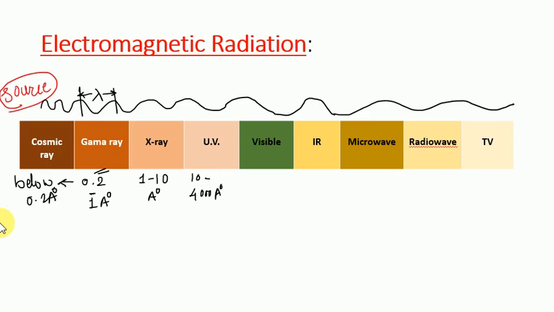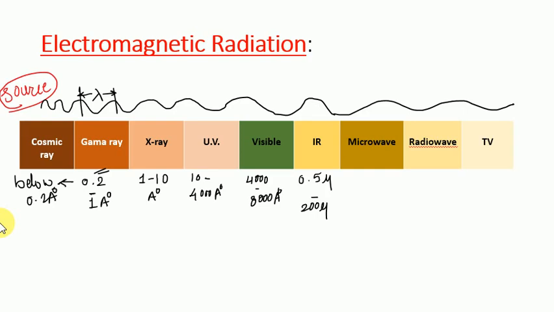Then visible ranges from 4000 to 8000 angstrom wavelength. Then IR ranges from 0.5 micron to 200 micron, that is the region of IR.